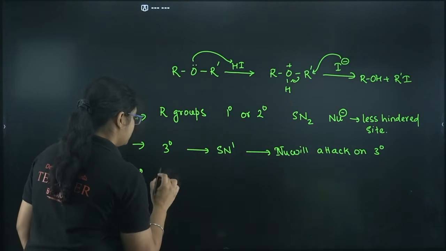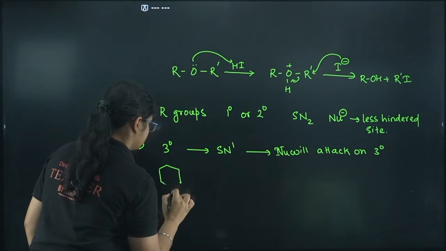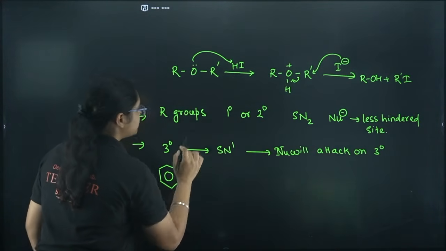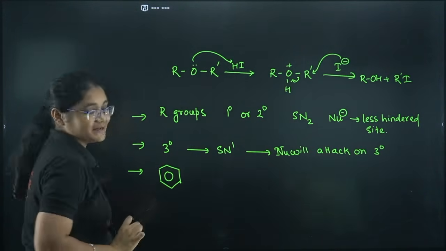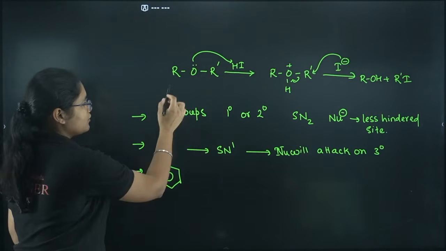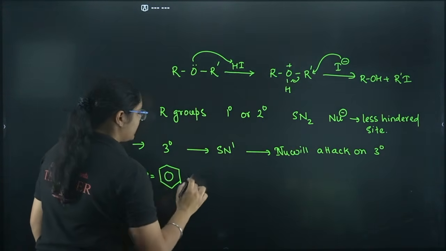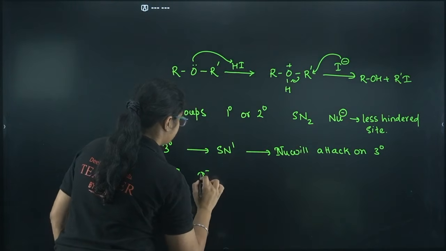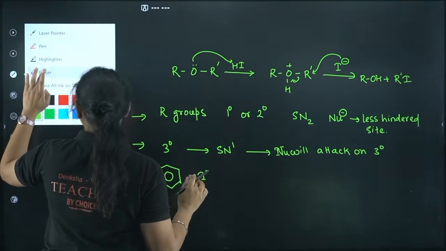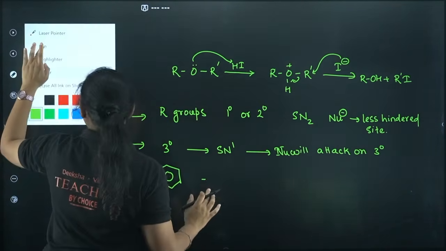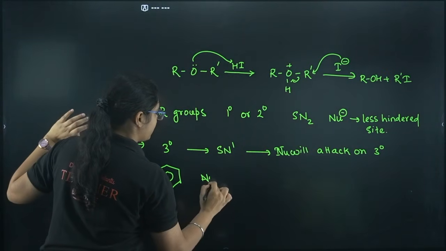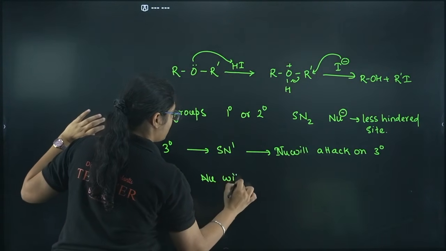Next thing, if in this ROR, R is benzene, then the nucleophile will always attack on R'.